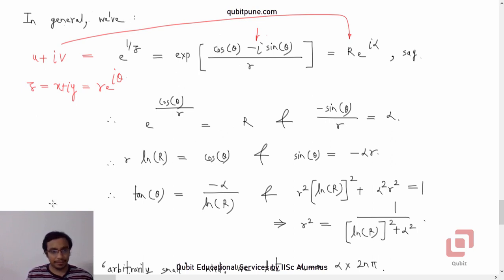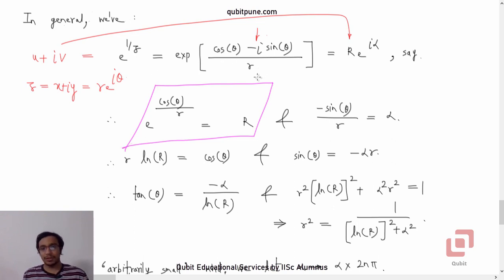Yes, e to the power cos theta upon r, because the other thing is e to the power i into minus sine theta upon r, which is alpha, and the modulus of that part is going to be 1.